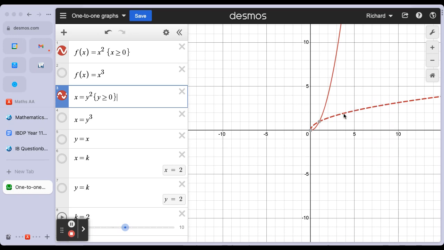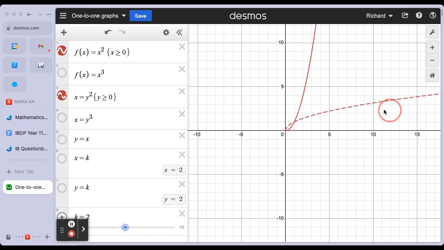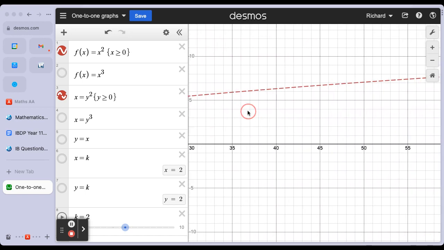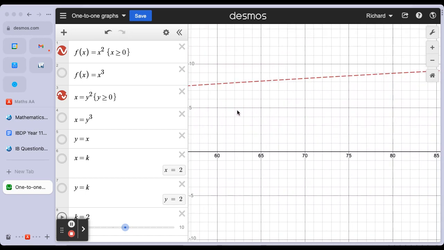And also the domain, I'll say that again. The domain is going to be all real x from 0 to infinity, and the range is going to be all real y from 0 to infinity. It's moving quite slowly, but it is going to go to infinity as we go further up.